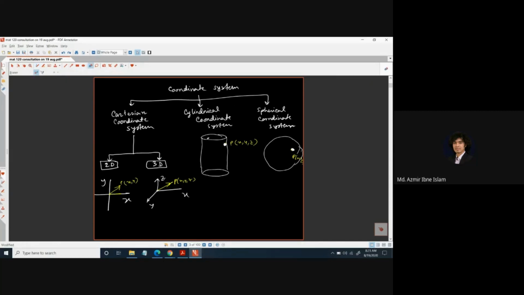So just like Cartesian coordinate system, cylindrical coordinate system can be of two categories. We can see Cartesian coordinate system is two dimension and three dimension, but cylindrical coordinate system is itself three dimension. Besides this, it has one classification, that is the two dimension, and this two dimension is called polar coordinate system.